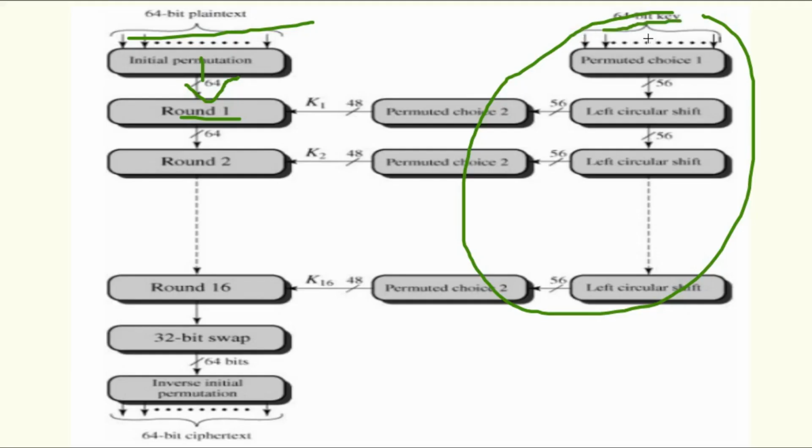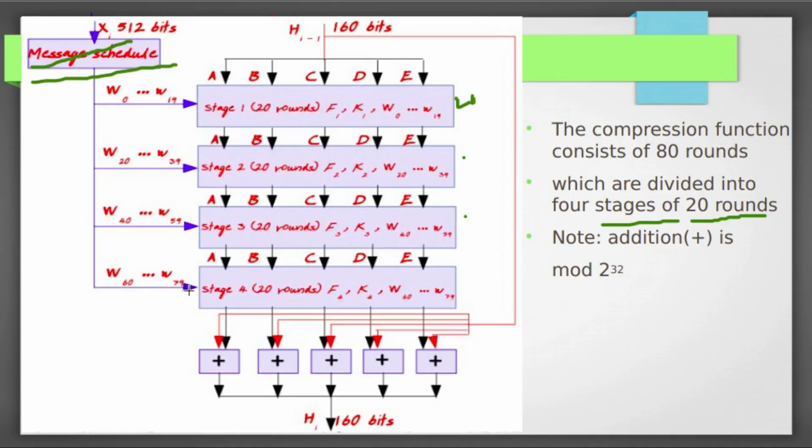In DES, we take the original key and derive subkeys for each round: K1 for the first round, K2 for the second round, like that. Here we take the original message and derive words W0 to W79. These words will be fed to the round function.